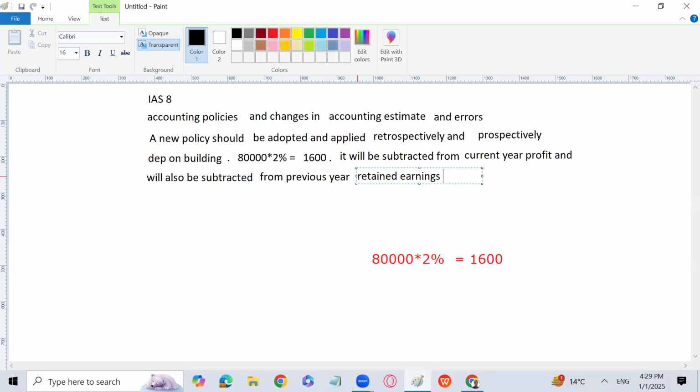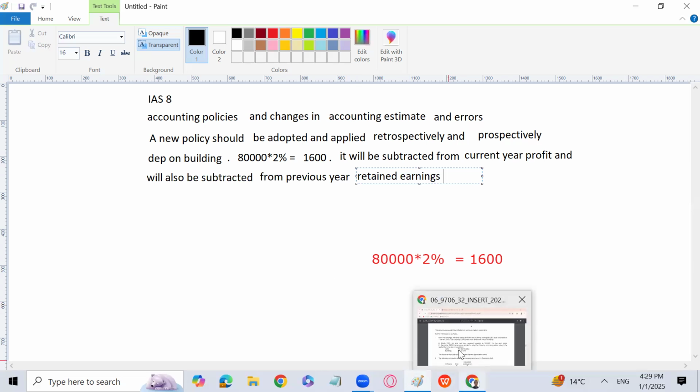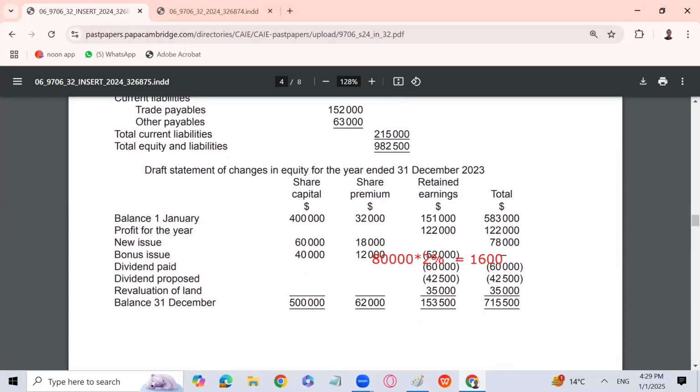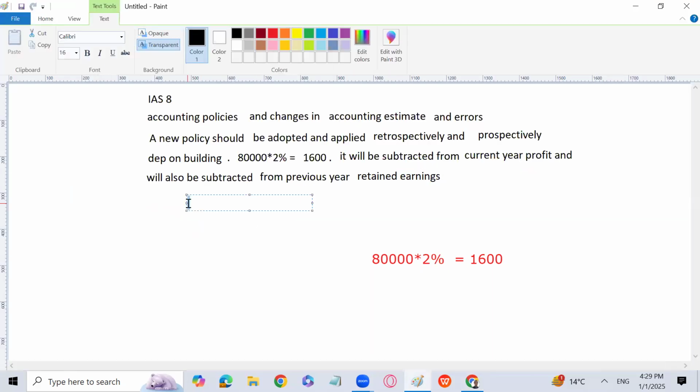The problem is this, that previous year profit we don't know. So the previous year retained earnings are going to be adjusted, and previous year retained earnings, which is the balance on 1st January from the retained earnings account, is 151,000. So the correct retained earnings of the previous year will be 151,000 minus 1,600. How much will it come to?